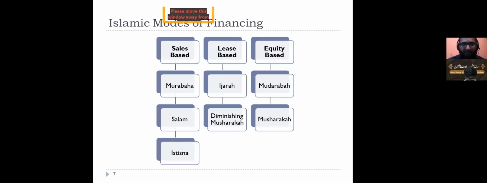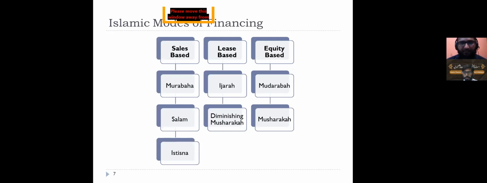Now, in the next few slides, we will see some examples in which Fiqhul Malia gives us a framework to see the different permissible things that can be done in a particular financial need. Then, based on the financial need of the clients and the counterparties involved, one or more of the permissible modes of financing can be used.